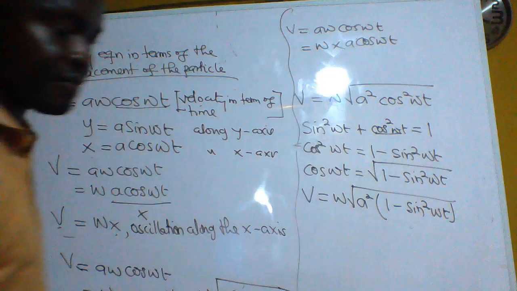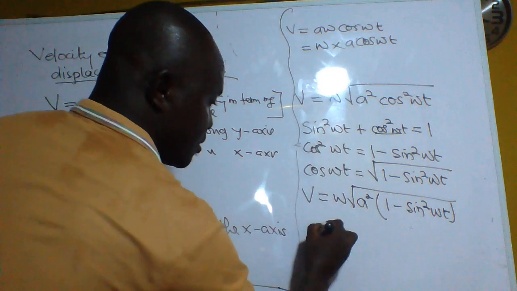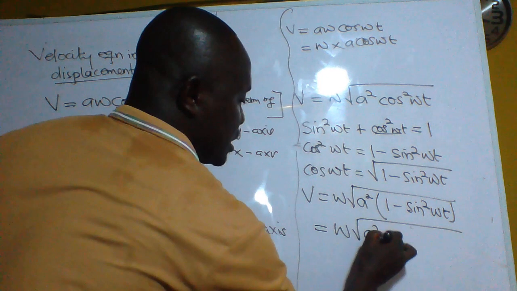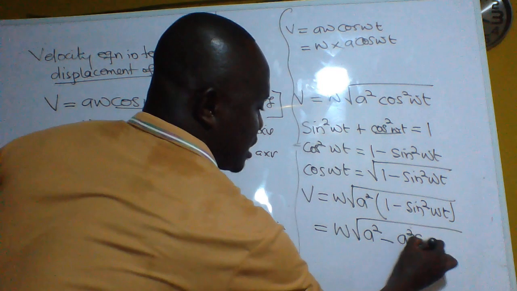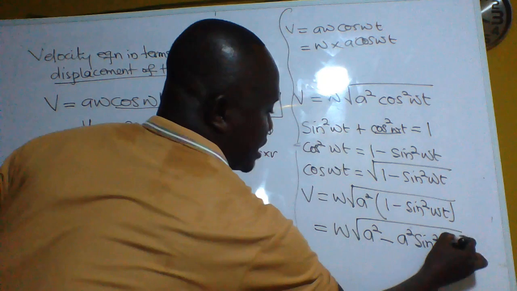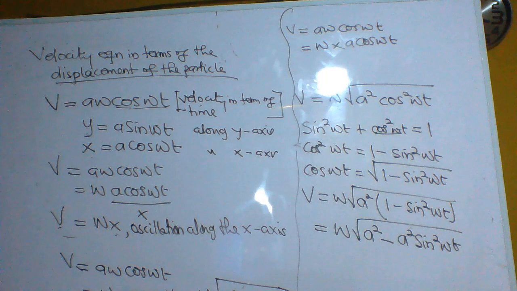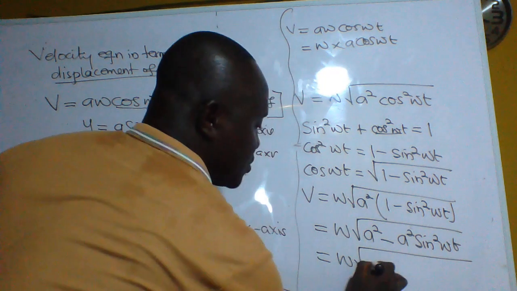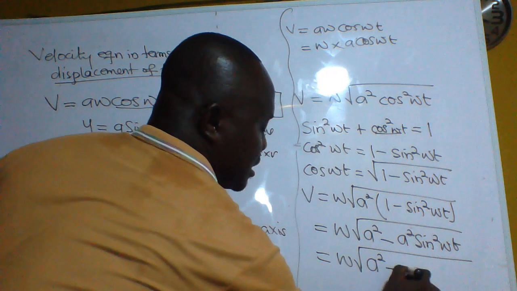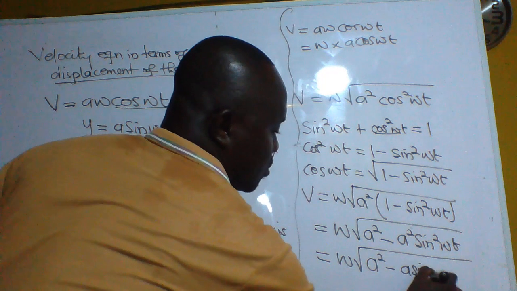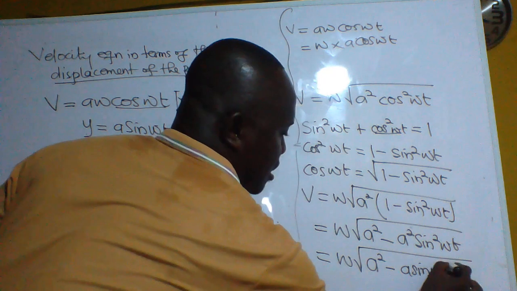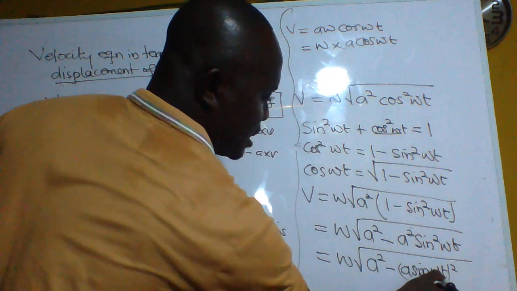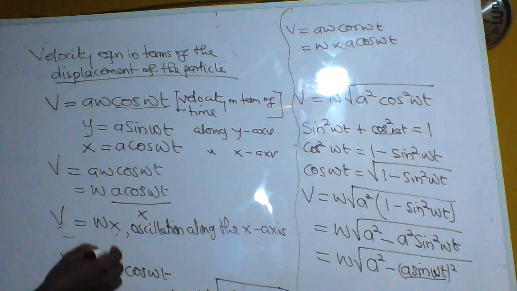Multiplying in, we have A squared minus A squared sine squared omega t, which is equal to omega times the square root of A squared minus A sine omega t all squared, and the term within the brackets is equal to y.